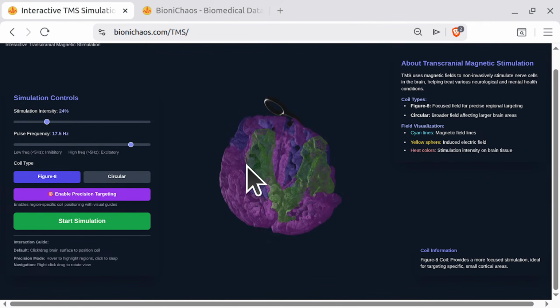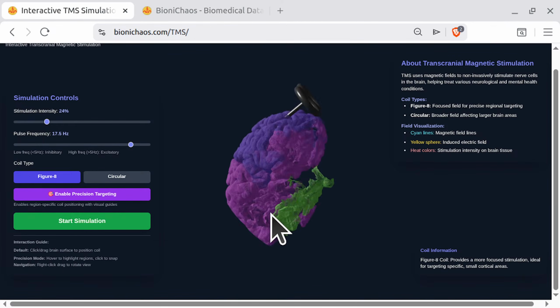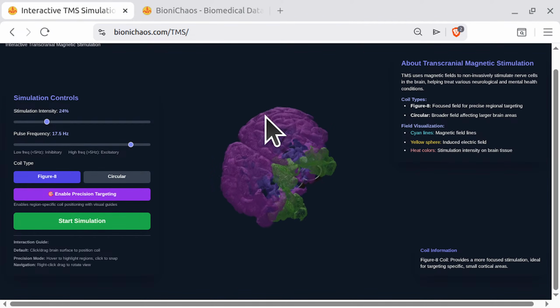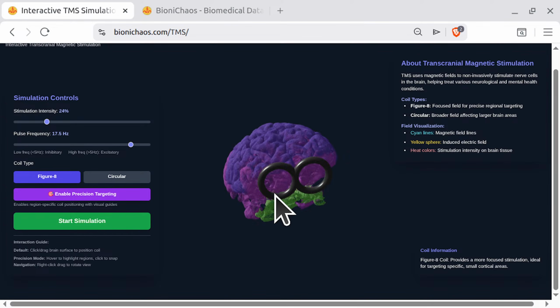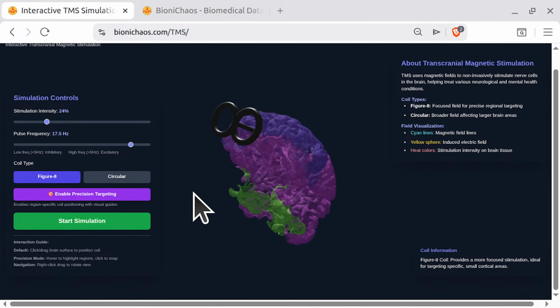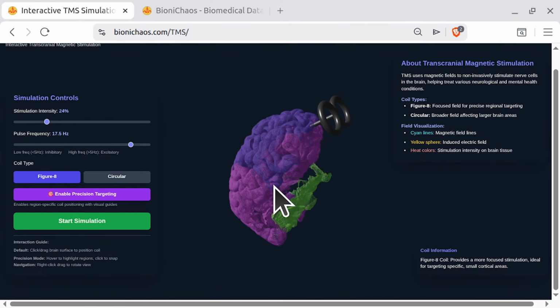No, I just want to use that brain model in another tool. It looks like eyes, like glasses on a human brain. Well, no, it's a transcranial magnetic stimulation coil.